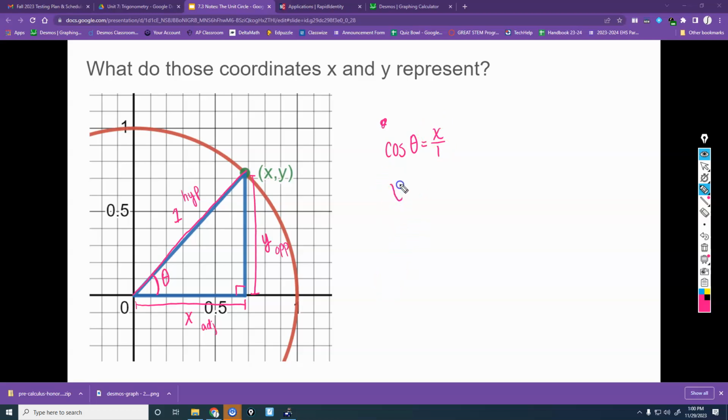So x is going to equal cosine of theta. And if I wanted to do this in a more general sense for the y, sine of theta would equal y over 1, which means that my y is going to equal sine of that angle.